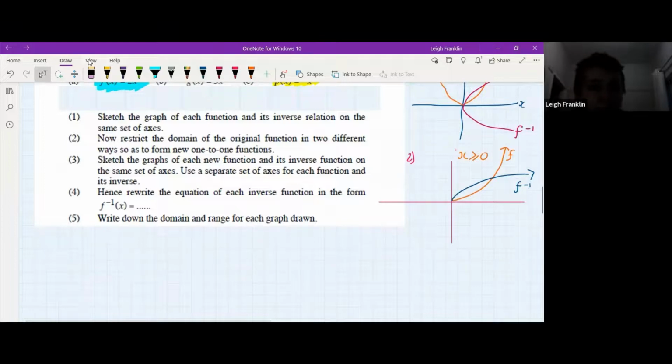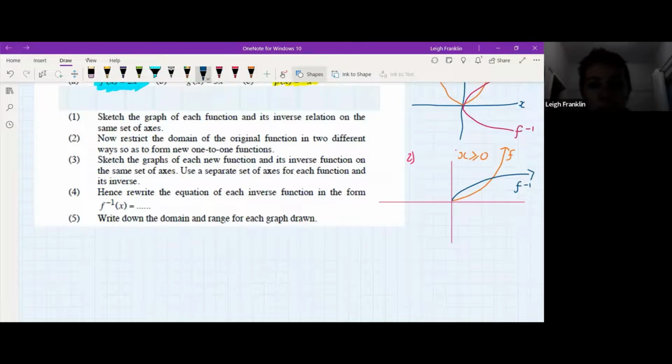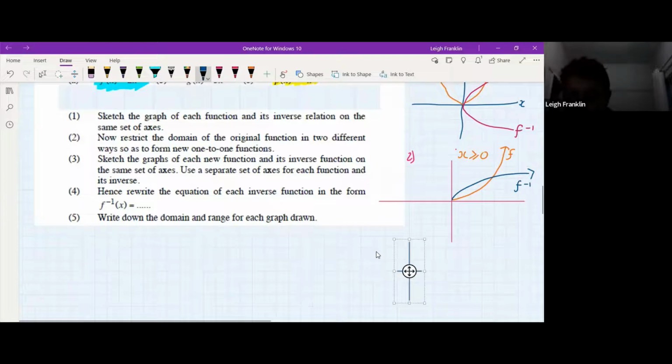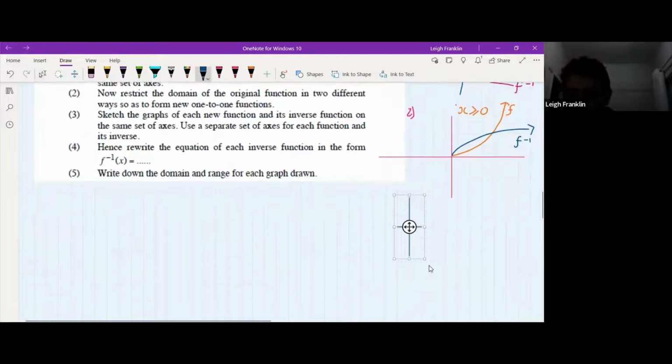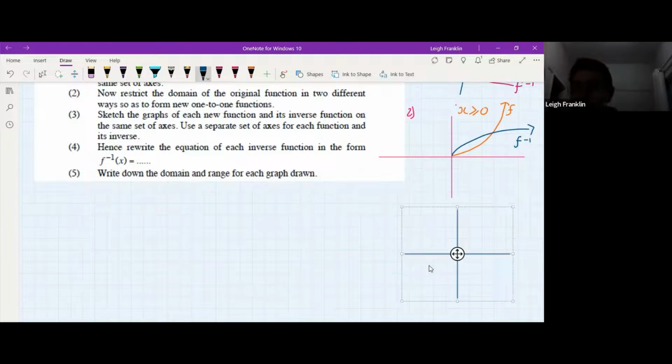Okay, so now we're going to draw again, let's do a set of axes. I'm just going to make it a little bit bigger. Now we have to consider the situation where we are going to make x smaller than or equal to 0.